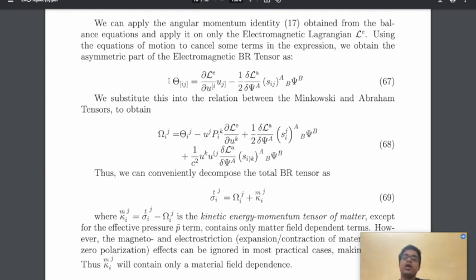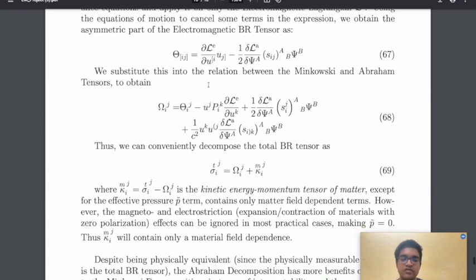And now to obtain the Abraham tensor, we simply plug the antisymmetric part into the general expression for the Abraham tensor, or the Abrahamization of the Minkowski tensor, so to speak, and we just obtain this particular expression. And we do something very simple.